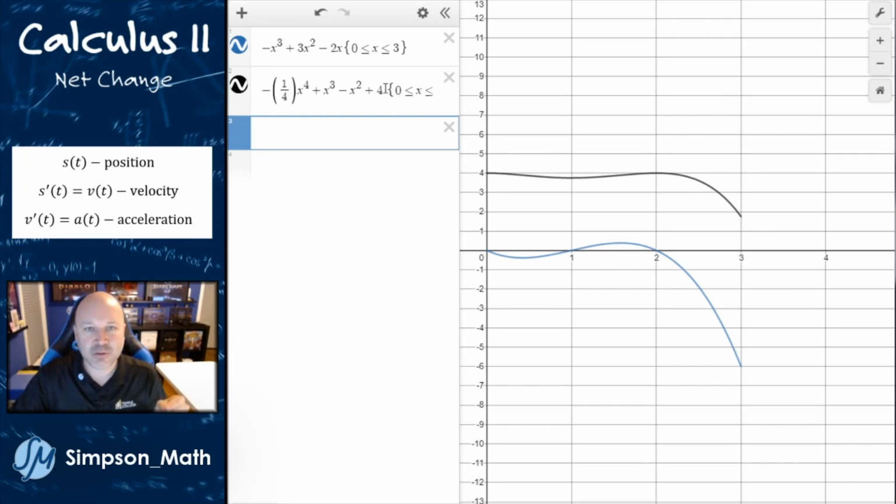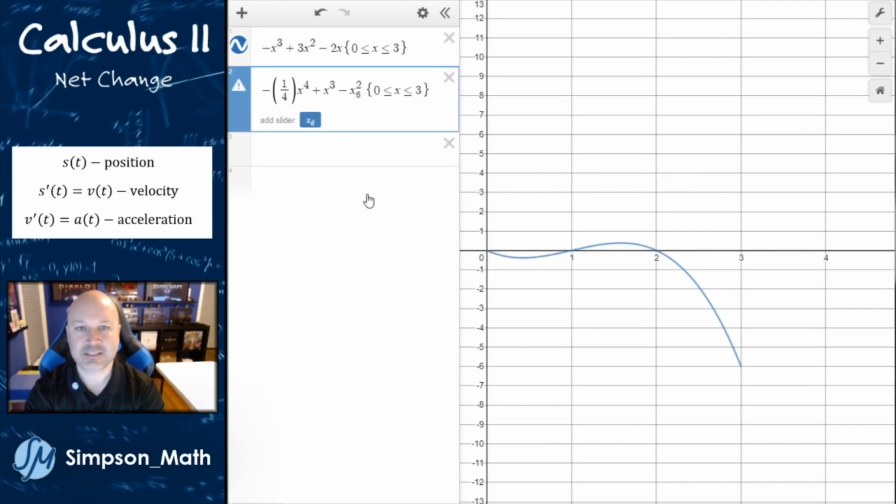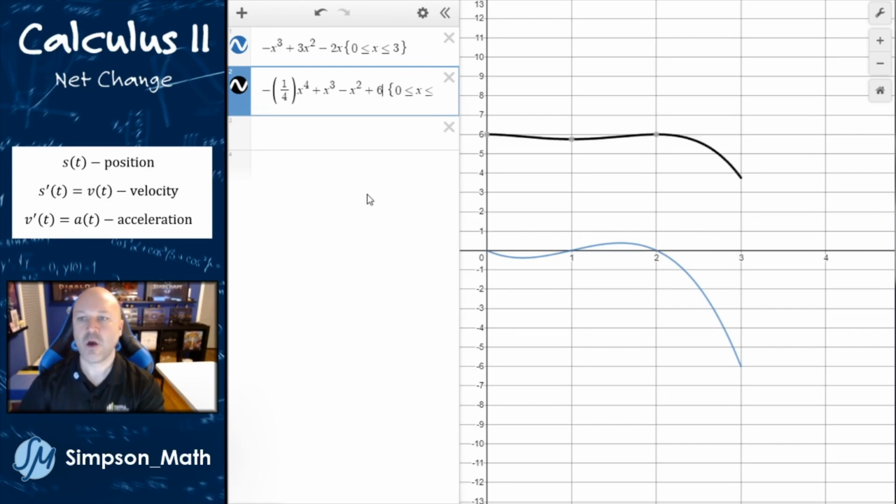And I wanted to show that the plus 4, or that plus c value, doesn't matter. If I move that to be plus 6, notice the shape didn't change. I don't care how far I am away from the x-axis. This time I started at 6 and went down a little bit and back to 6.